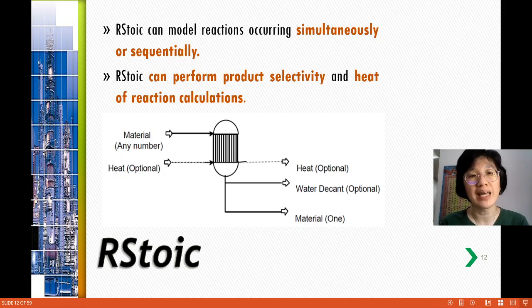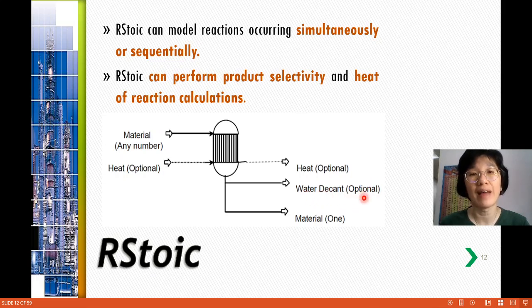Based on the flow sheet given, I think the heat stream or the energy stream here is optional, but the mass stream here is compulsory. If you are having two immiscible liquids, liquid-liquid equilibrium, you can also have the water decant here.